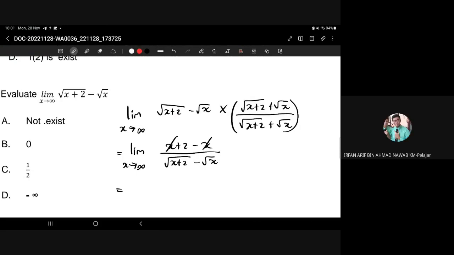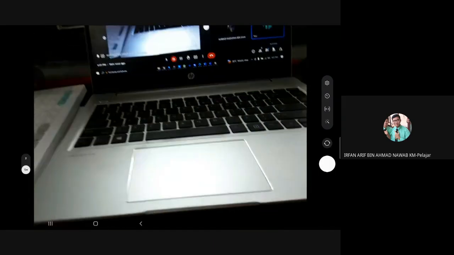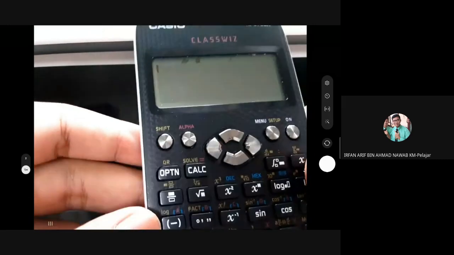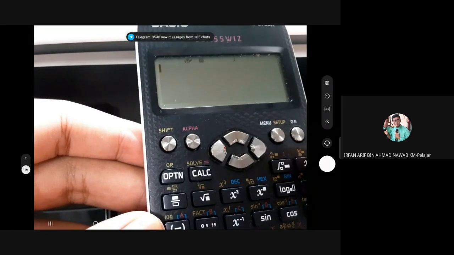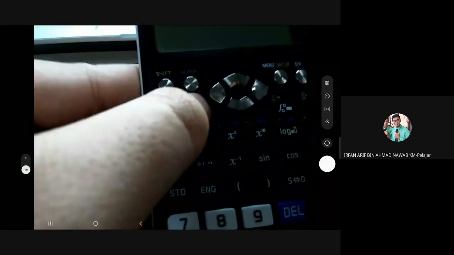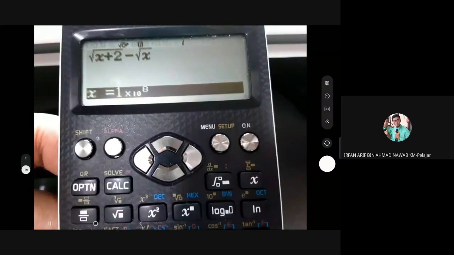Assuming you want to, let me open my camera here. If you want to compute using our calculator, it's very easy. If you want to check, it's easier. So write down the function into our calculator: square root of x plus 2 minus square root of x.